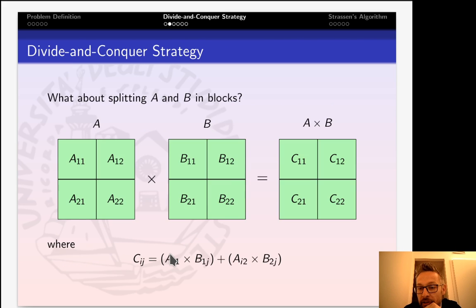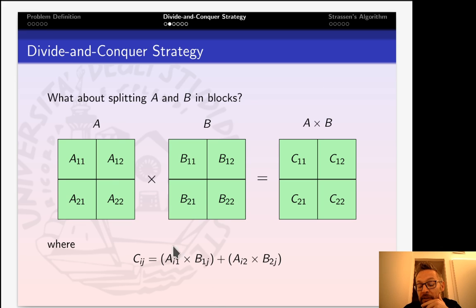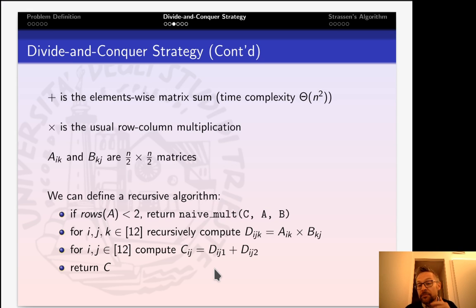So let me go back. We need, of course, to multiply this by this, we need to multiply this by this, and so on and so forth. And then we need to perform the sum between these two. So what I'm saying here is that we need to perform the sum and return.